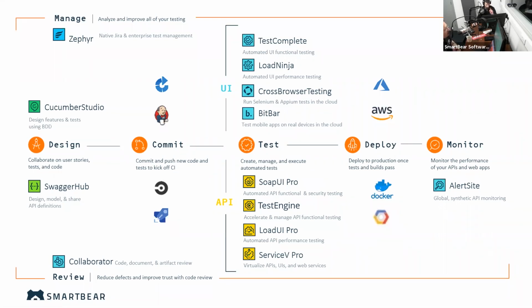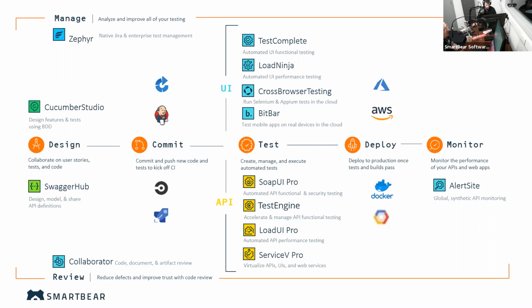Collaborator, as many of you will know, is part of SmartBear's product portfolio. It fits nicely in the area of review and governance and planning and management around all of your software. We have a lot of products near the left-hand side of this slide that play a critical part in all of the stages of your software development lifecycle.